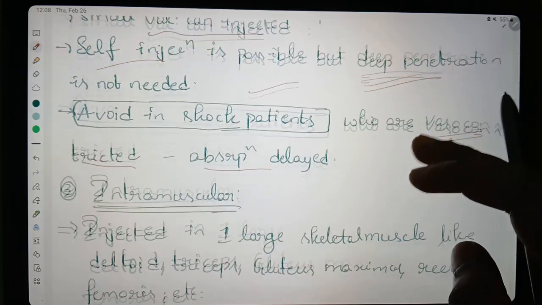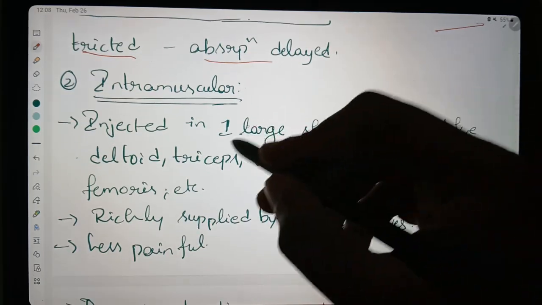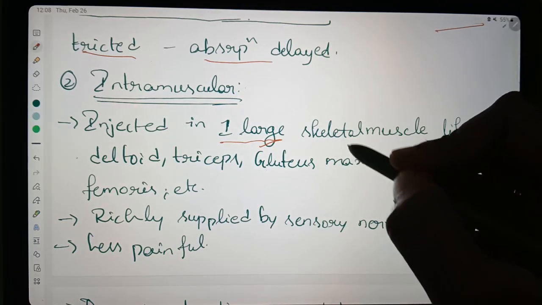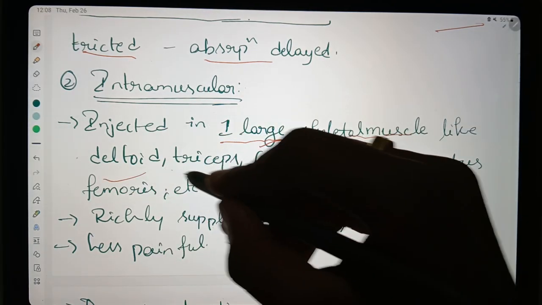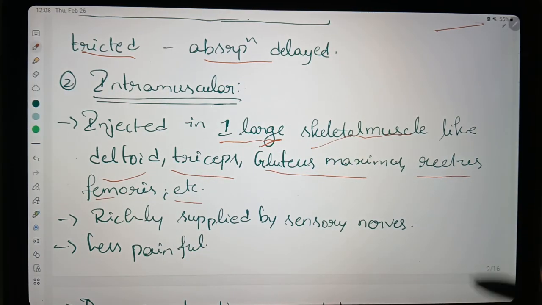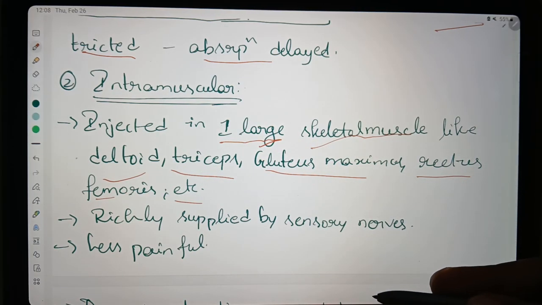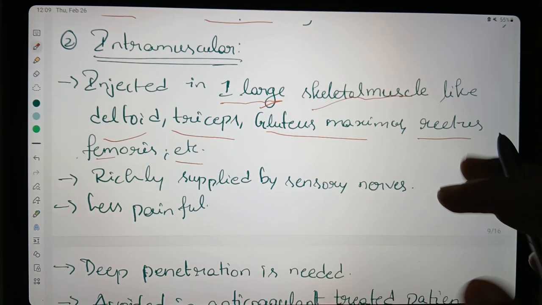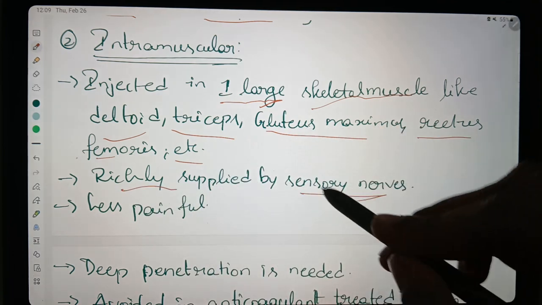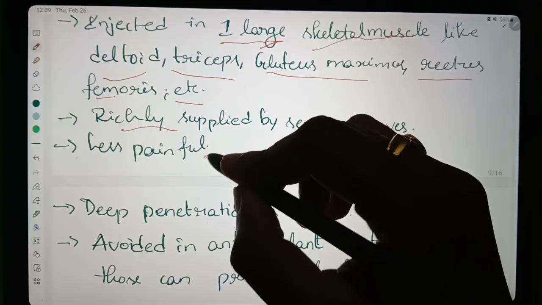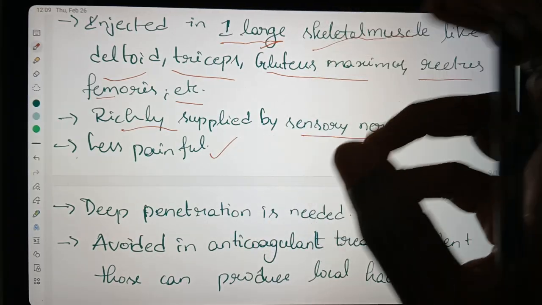Coming to the intramuscular route, injection is given in large skeletal muscles like the deltoid, triceps, gluteus maximus, rectus femoris, etc. We normally inject in the deltoid region and gluteus maximus region. These are richly supplied by sensory nerves, such as the sciatic nerve. It is less painful compared to the other muscles.